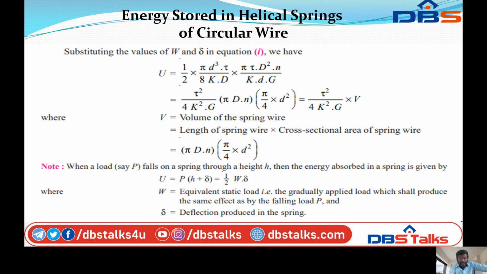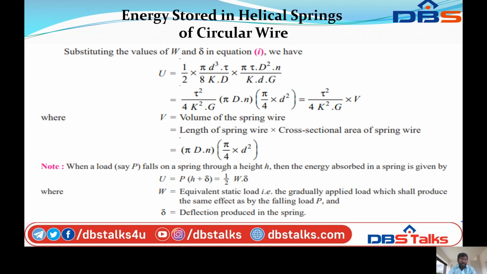In this multiplication pi appears twice, giving pi square, tau square over 4 K square G. Finally tau square = 4 K square × G × V / ..., where V is the volume of the spring wire, equal to length of the spring wire times cross-sectional area, that is pi × D × N × pi/4 × d square.